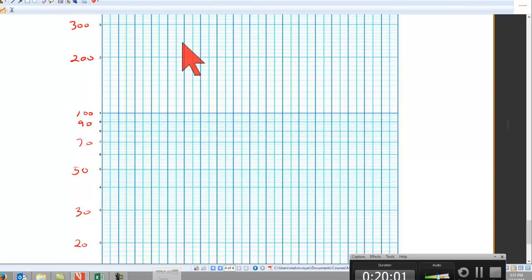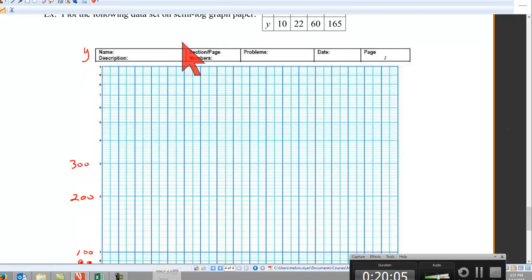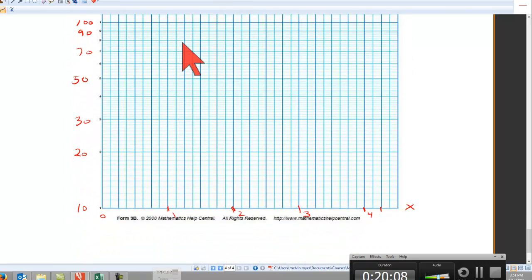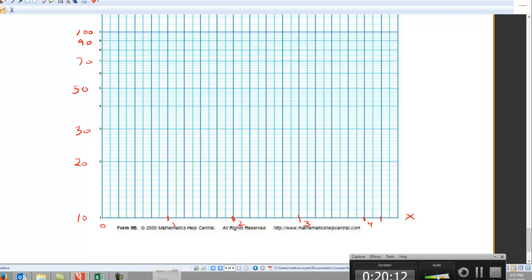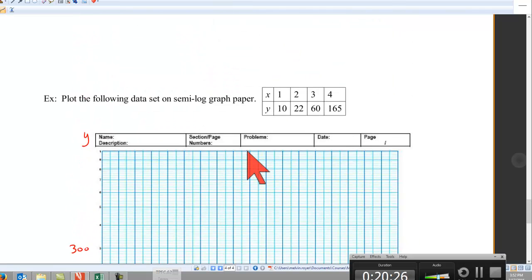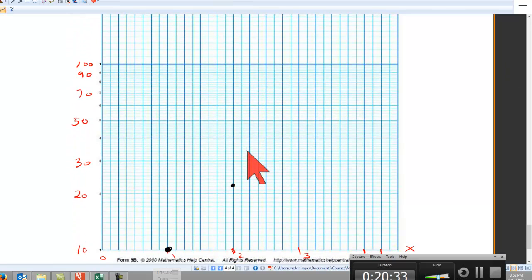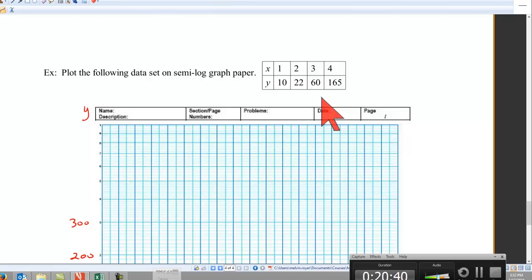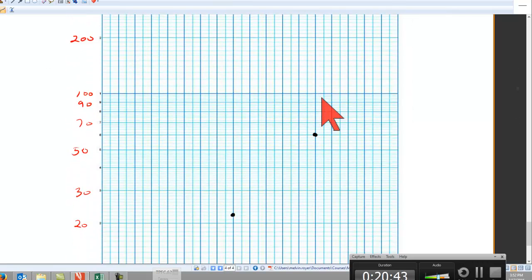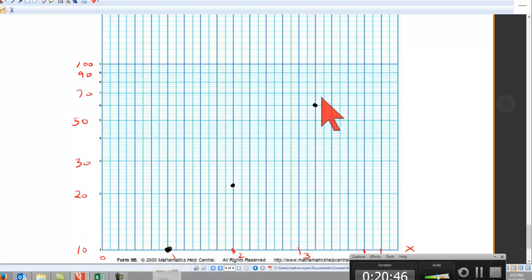And so if I graph the data, see the first point, 1, 10, is falling right here, and then 2, 22 here, and then 3, 60 is right in here, and then 4, 165 on the screen is about right in here.